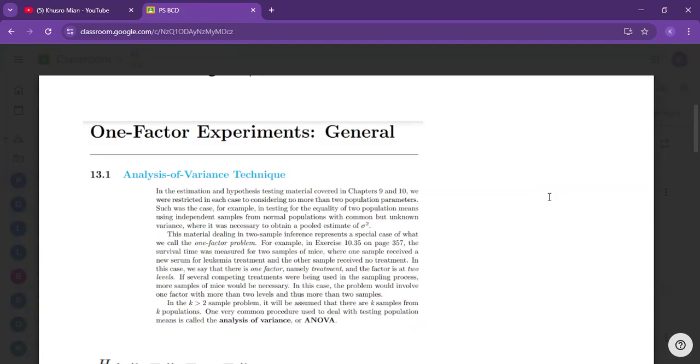This material on two-sample inference represents a special case of what we call the one-factor problem.